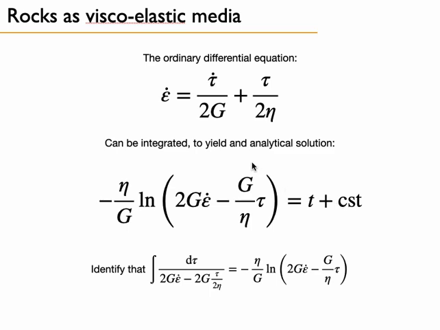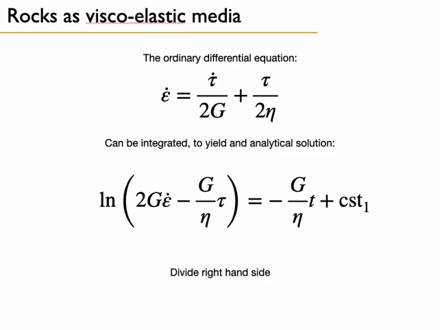For the left-hand side, there's a bit more algebra to be done, but basically one can identify that the integral of d tau, or the primitive of d tau divided by this factor that includes tau here, can be formulated as a log function. So that's the natural log. So we end up with this expression.